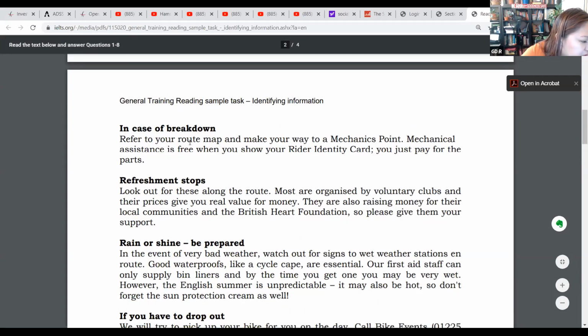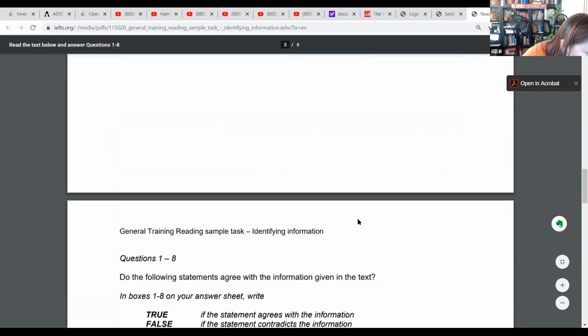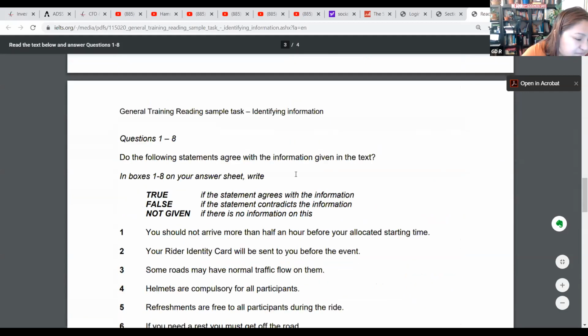So refer to your route map and make your way to a mechanic's point. Mechanical assistance is free when you show your rider identity card. You must pay for the part. So this is the only passage that talks about rider identity card. Does it say anything about your rider identity card being sent to you before the event?